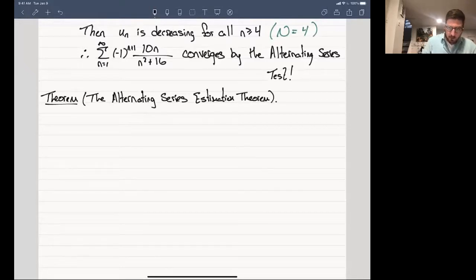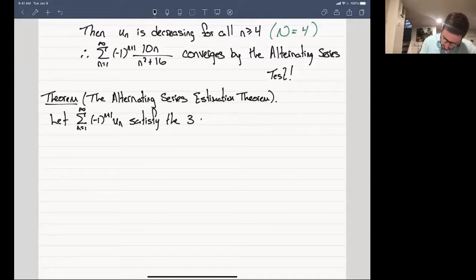Okay, so let's say an alternating series satisfies the three conditions of the alternating series theorem.